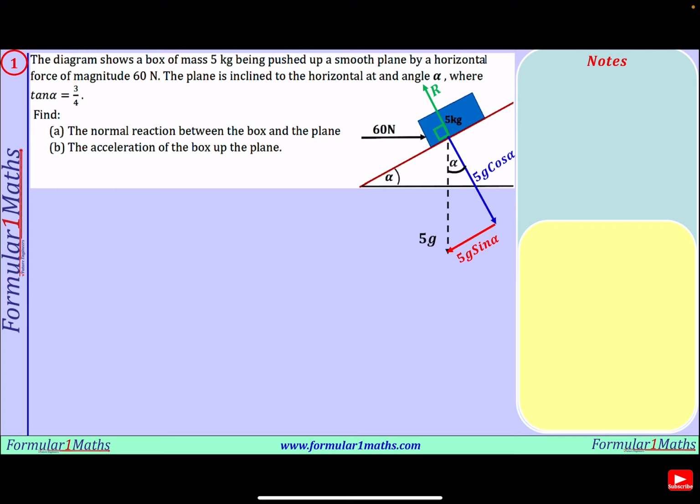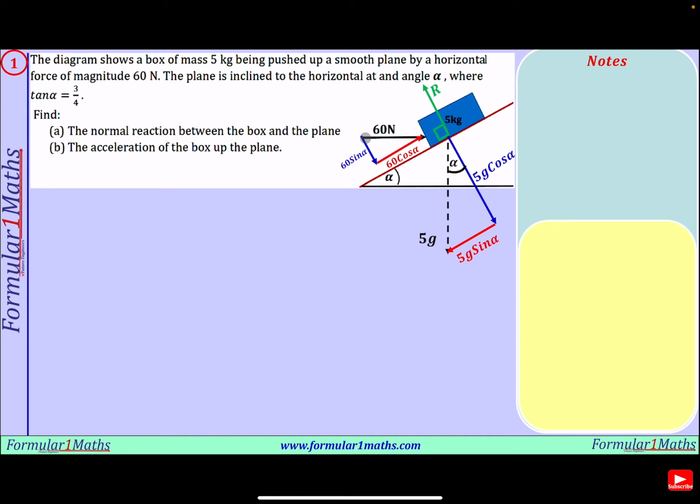Now that we've got that, we need to resolve the 16 newton force into 16 sine alpha and 16 cos alpha. Please note that this angle here is equal to alpha because this is horizontal.